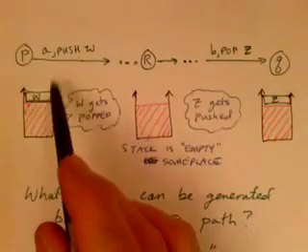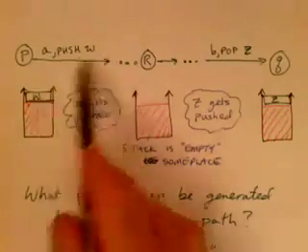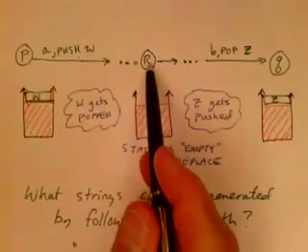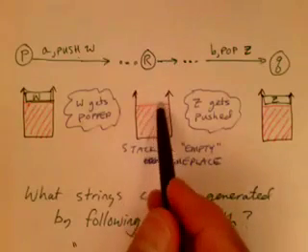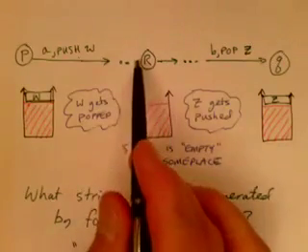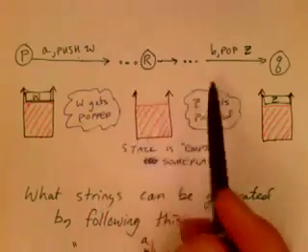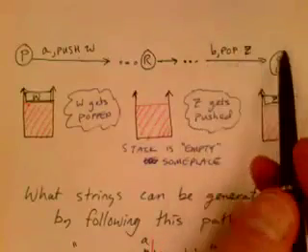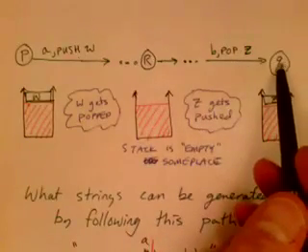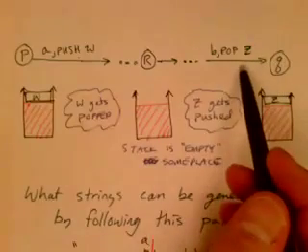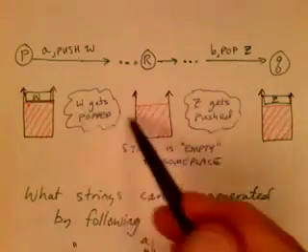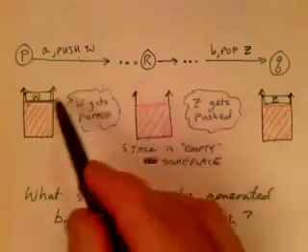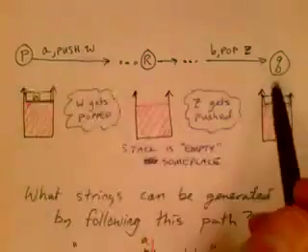If we start with an empty stack, we start by pushing some symbol W onto it, and we do some computation, and at some point we get back to an empty stack. We pop the W, and then we do some other computation, and some more stuff gets pushed, and the transition right before Q will pop something else, Z, a different symbol. So in this scenario, the stack does go down to 0 between P and Q.